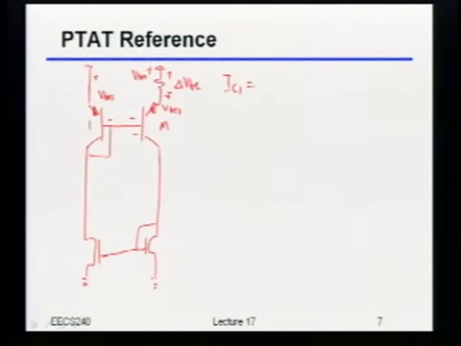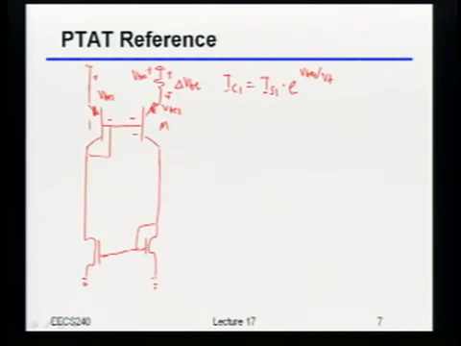What's the relationship between the current flowing through that BJT, specifically the collector current, and the VBE? Exponential. Yeah, it's exponential, right? So there's some, let's say IS1, some nominal current, times e to the VBE, and let's do this as VBE1, over the thermal voltage, KT over Q, right?